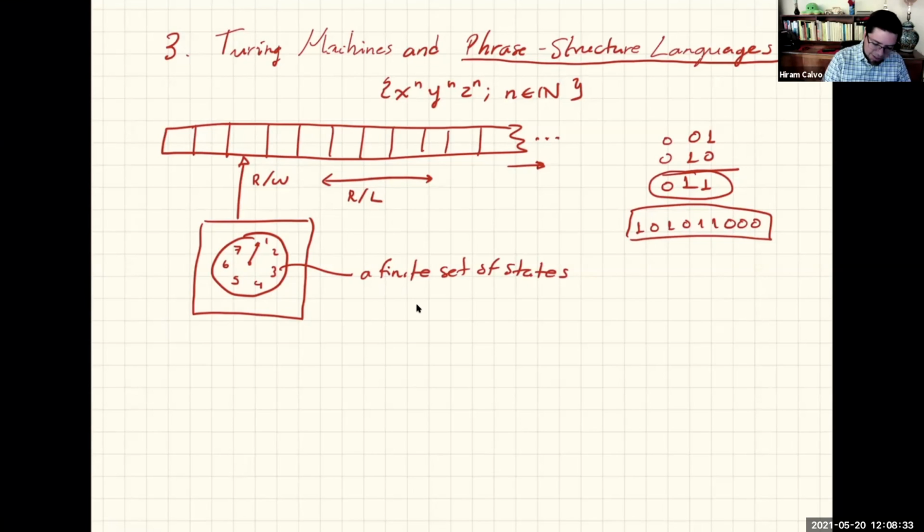And at a certain point, we are in a single state, and now we will be able, as I said before, to read and write symbols from the tape, and also we will be able to move left and right. That's what is symbolized here. Perhaps this is better if you write left and right. So we mean here left and right, and here we have read and write.